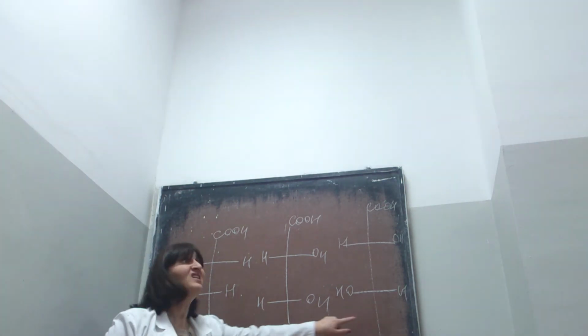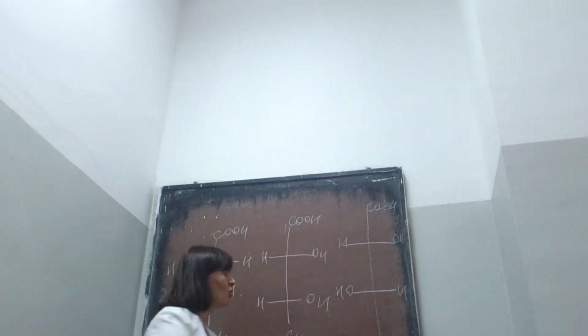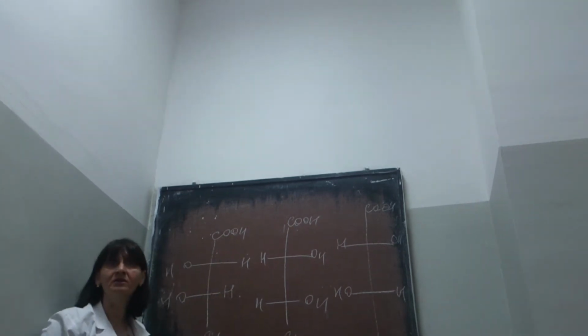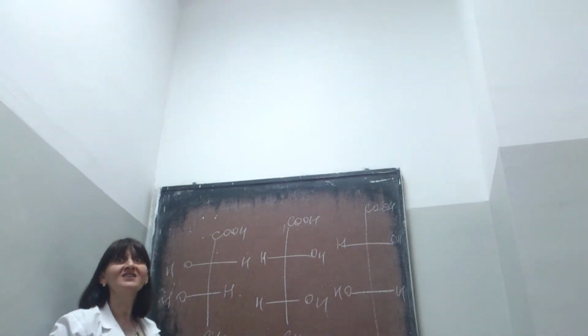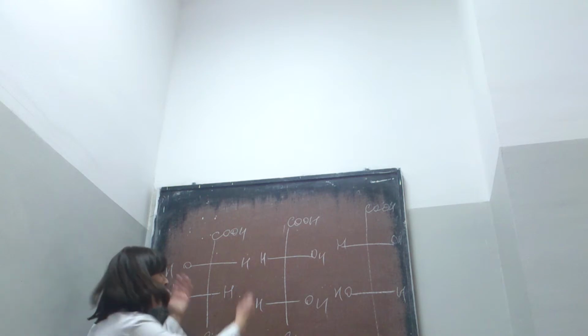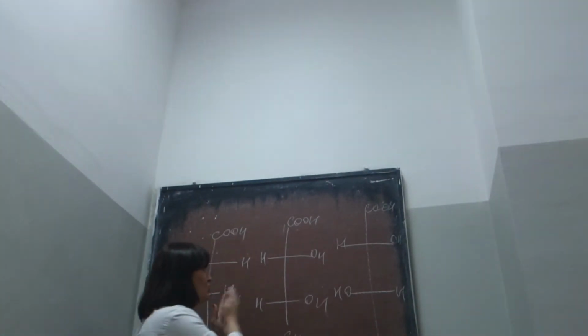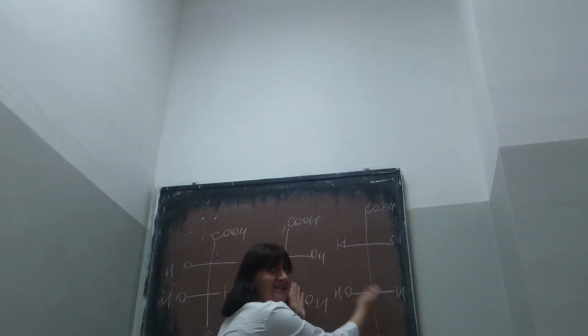This is another molecule. But because this one and this one are not mirror images of each other, they are diastereomers. So these two structures are enantiomers, these two structures are diastereomers. So enantiomers and diastereomers.